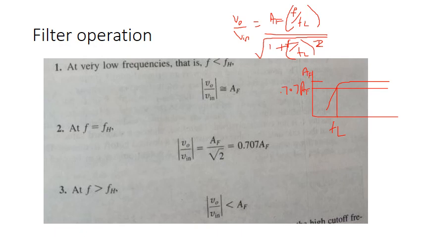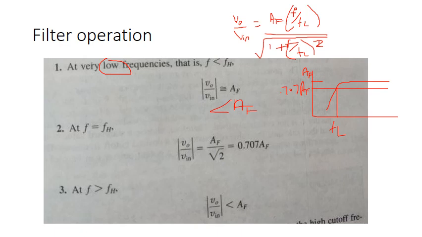So when F is less than FL, the gain V naught by V in is less than AF for the high pass filter.